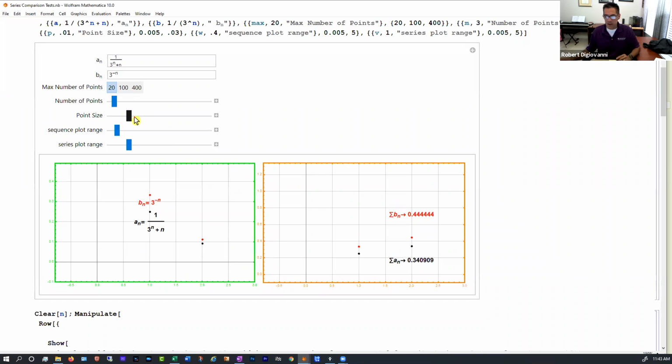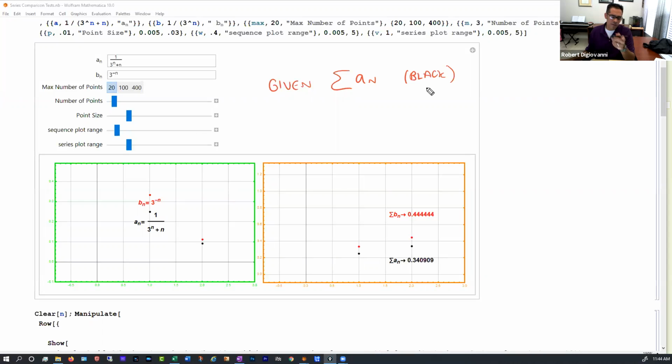So I want you to just consider this. Let's say we're given this series. In our picture, that's the black dots. Say we're given that.